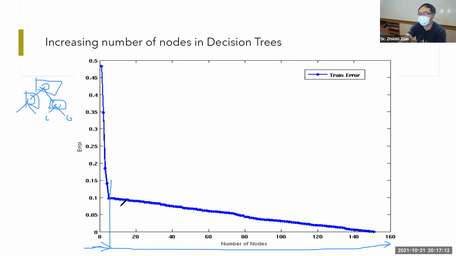That means the model becomes more accurate. But such a sharp drop usually happens at the beginning stage, with the first number of nodes. And after a certain number of nodes, you are going to make the tree too specific, and adding more nodes has less effect on decreasing the error.